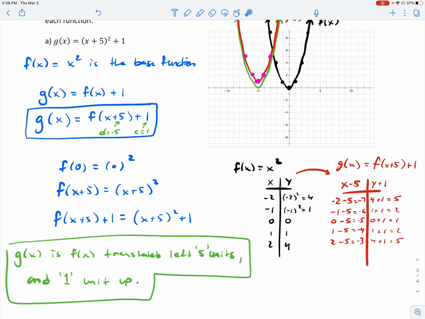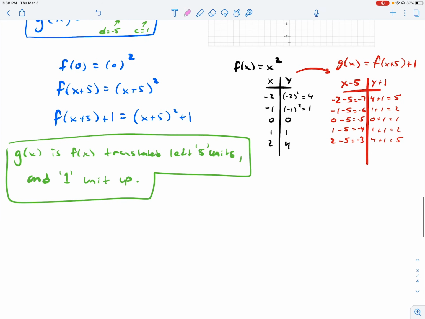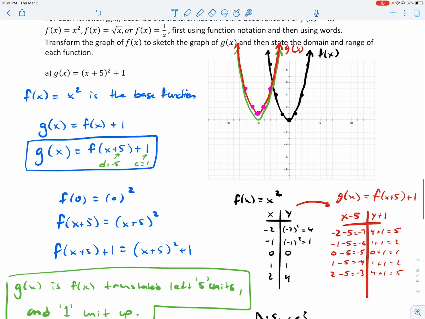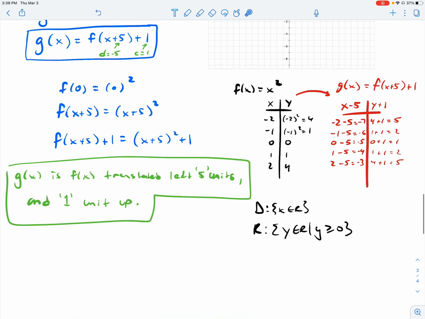Okay, we're supposed to state the domain and range for both of them. So for the base graph, just x squared, the domain is x is an element of R. For the range, y, we have y is greater than or equal to 0, right? That's our black graph right here. Okay, for the transformed one, for g of x, I'll do this one in red.